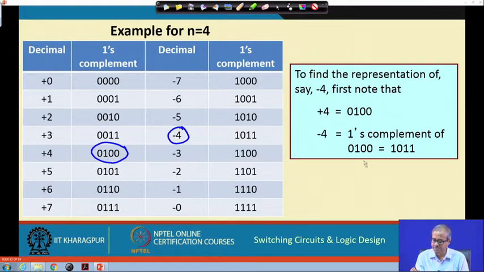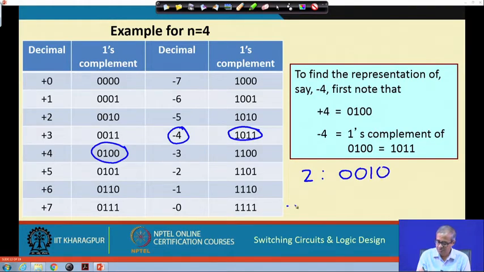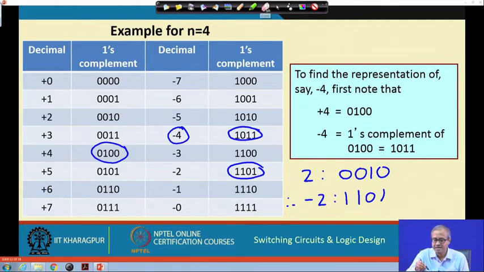I flip the bits: 0 becomes 1, 1 becomes 0, and the last two become 1 and 1. So, it is 1 0 1 1. This way you can take something else, let us take minus 2. 2 means 0 0 1 0. So, minus 2 will be, take 1's complement, 1 1 0 1. You see minus 2 is 1 1 0 1. So, in this way you can calculate for everyone. So, here again you will see that there will be 2 distinct representations for 0.